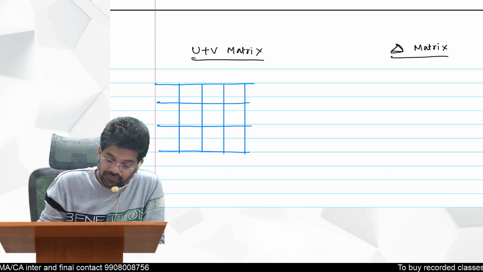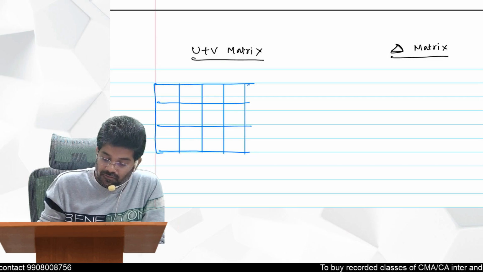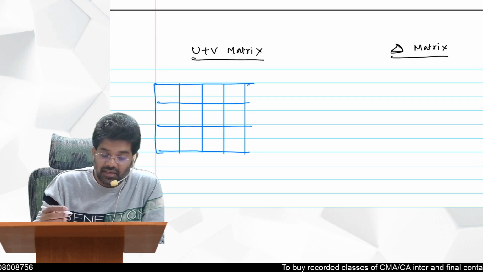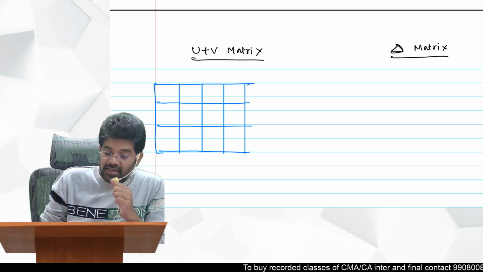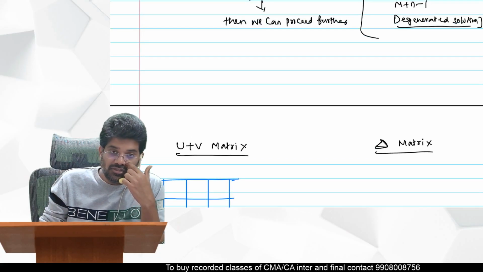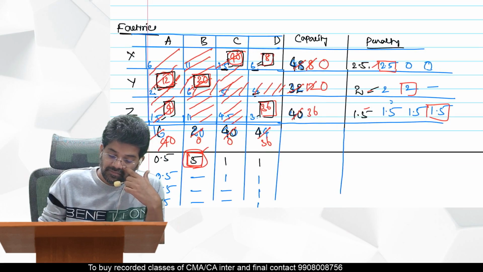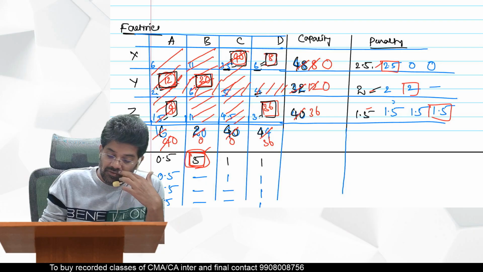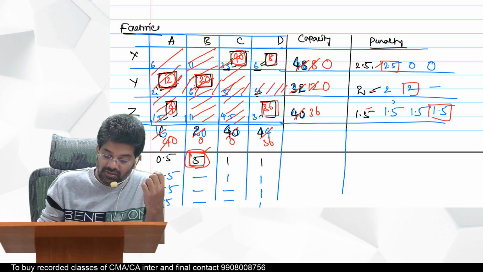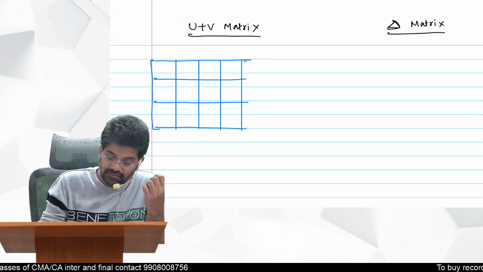Okay, now first take the cost of the allocated cells. What are the allocated cells here? Second row, first cell is allocated. Now what is the cost of that? 2 is the cost here.